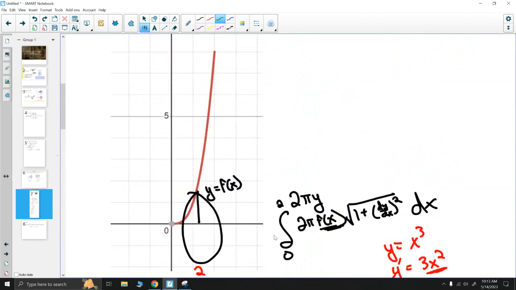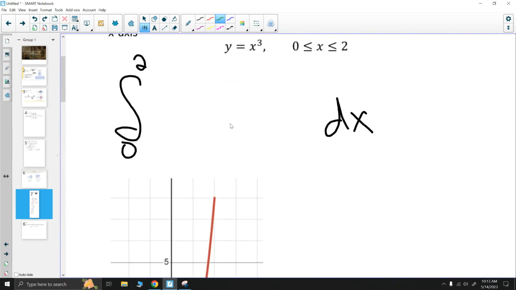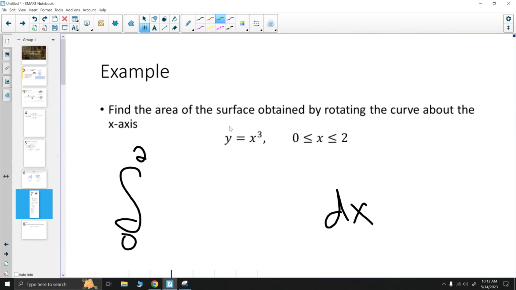Okay, so I mentioned earlier that we could also have done this in terms of from 0 to 8 instead, potentially. So let's take a look at that.